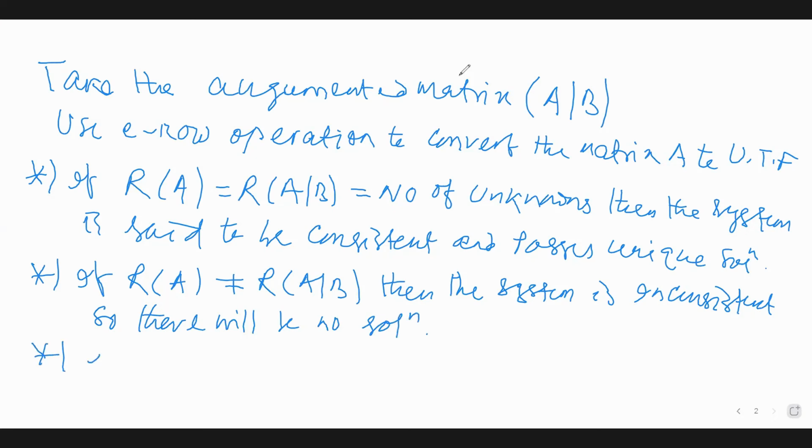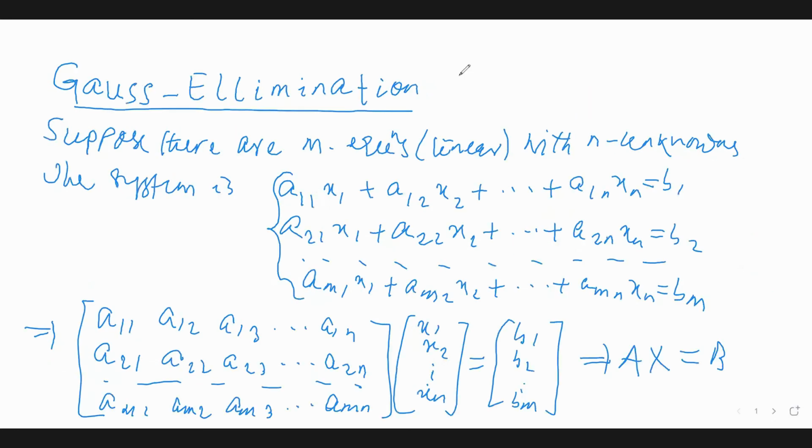If rank of A, there are three conditions, equal to rank of augmented matrix equal to r, which is less than n. What is n? Number of unknowns here. It is written, number of unknowns.